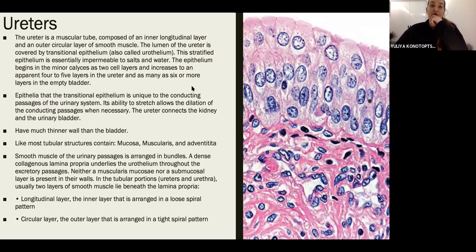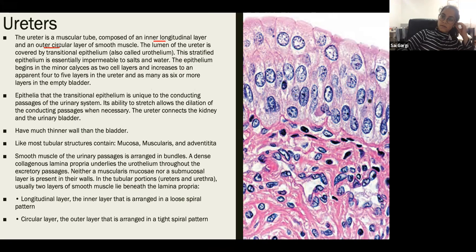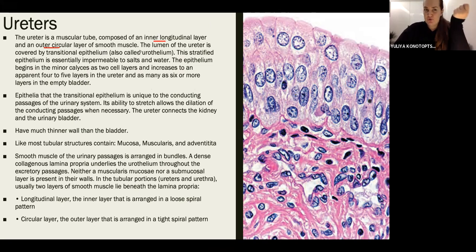Ureters are muscular tubes which are composed of two muscle layers. We have the inner longitudinal and outer circular layer. Anything looks weird? Isn't it usually inner circular? It's usually the opposite. So for example, in the GI, we saw that it was inner circular, outer longitudinal layers.